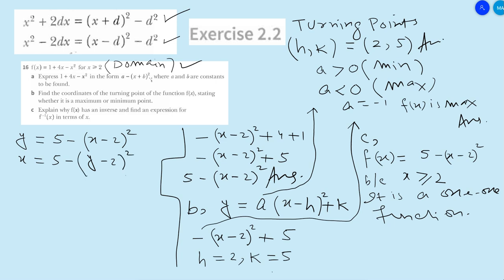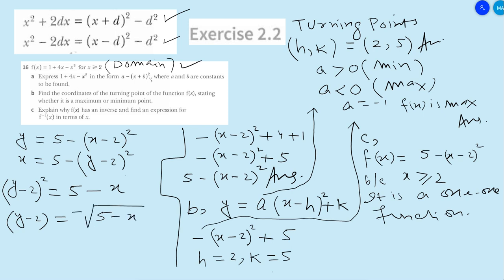The second step is to make y the subject of the given formula. So I am shifting this minus y minus 2 whole square over here. It will become y minus 2 whole square. This 5 remains 5 and I am shifting this x on this side. It will be minus x. Taking square root on both sides. So it will be y minus 2, because square and root cancel, equals plus minus root of 5 minus x.